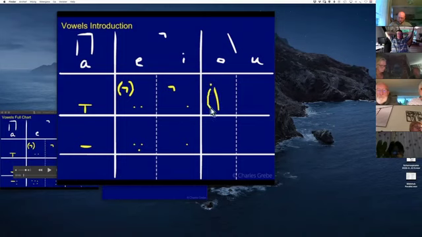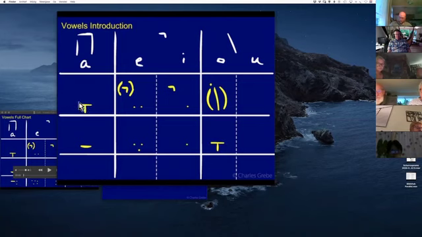So I'm going to put little brackets around here, just like we did with the tzere yud. Holam vav may or may not have the vav in terms of pronunciation. And it's pronounced O as in open. Now the short O has this symbol.